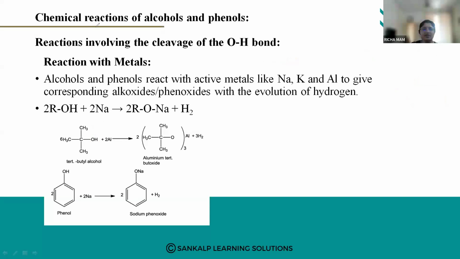So this is the reaction. Whenever you have an active metal, the breaking of the bond takes place at the OH bond, forming a sodium alkoxide or sodium phenoxide as the product. With phenol and an active metal like sodium, you get sodium phenoxide and hydrogen gas is liberated. Okay, fine.